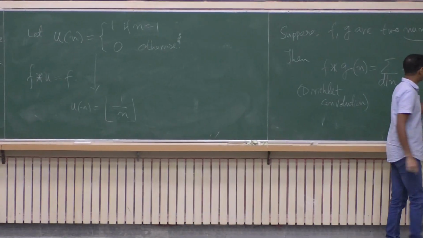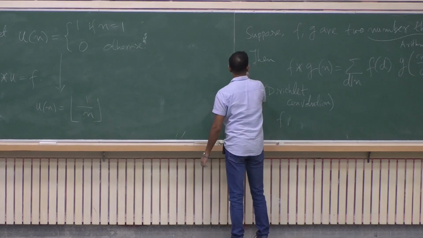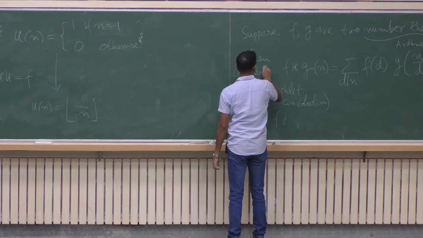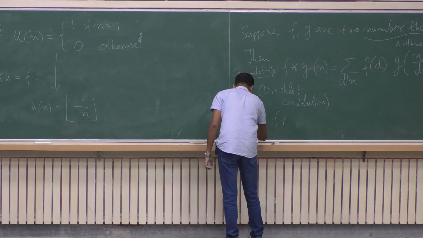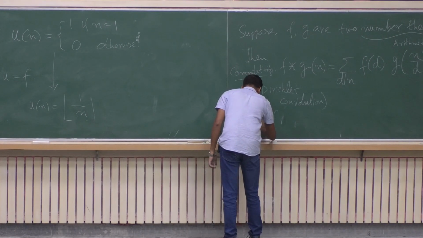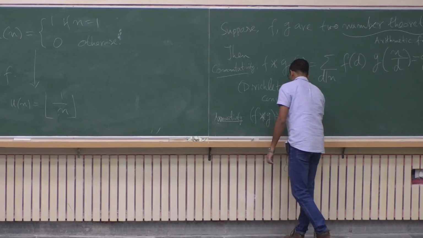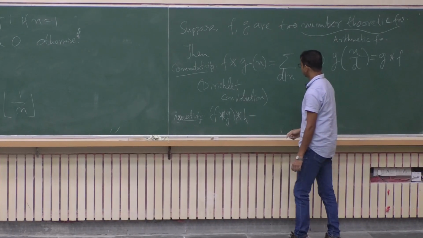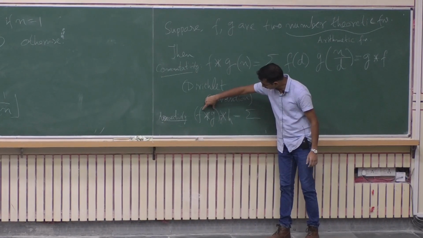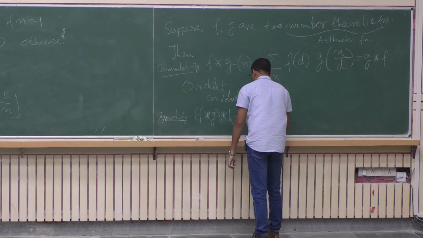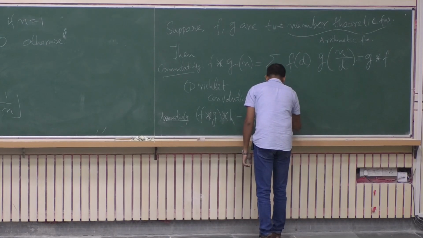So I got commutativity, and associativity is actually trivial. This is commutativity, and this is associativity: f star g star h. It is actually trivial because you are doing the convolution in reverse.